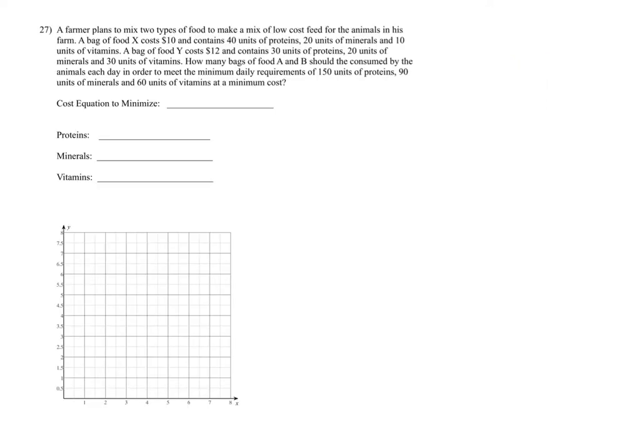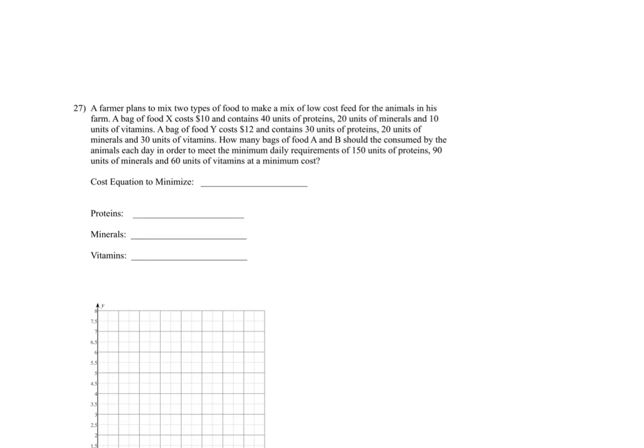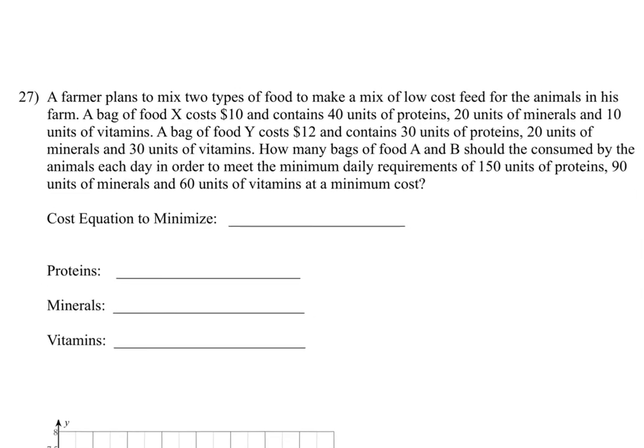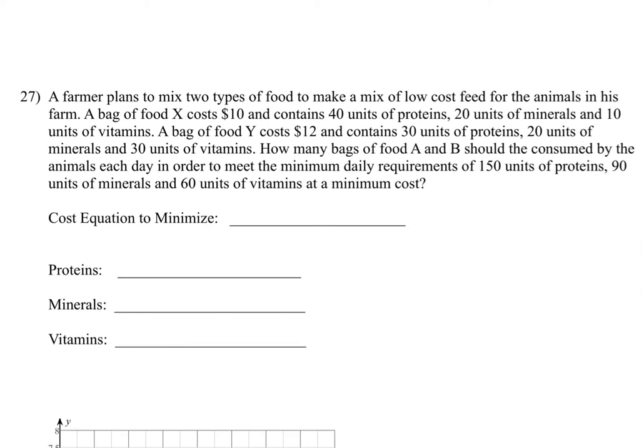For these, I would recommend either colored pencils or a highlighter. It's just my recommendation, okay? The reason I recommend it is it makes life a little bit easier when you start walking through these problems. If I were doing this problem right here, I'm going to concentrate on setting these equations up first.